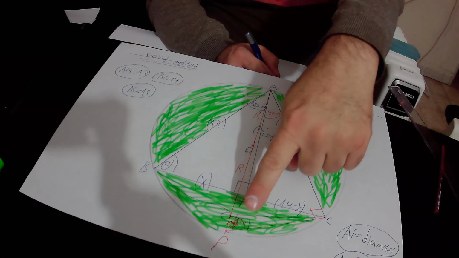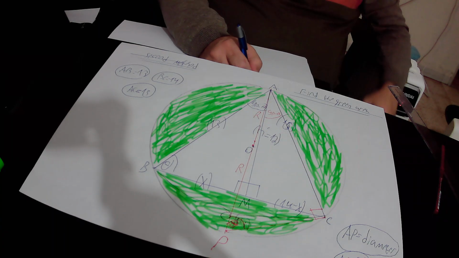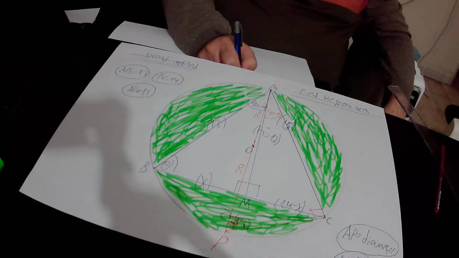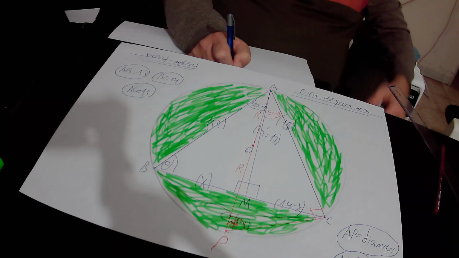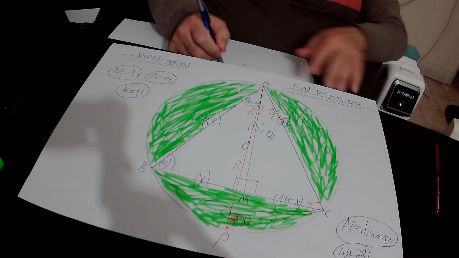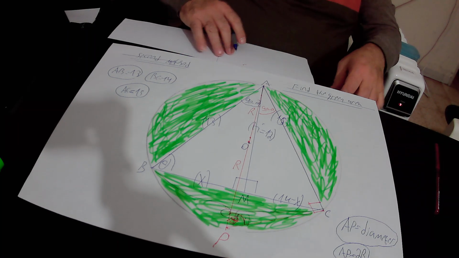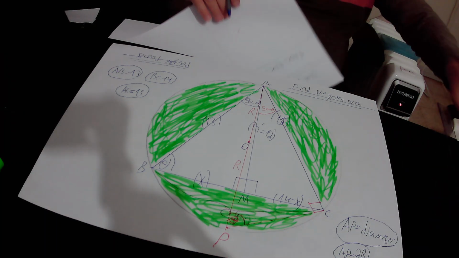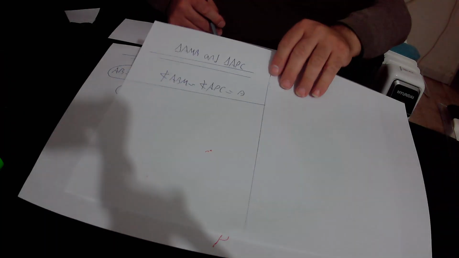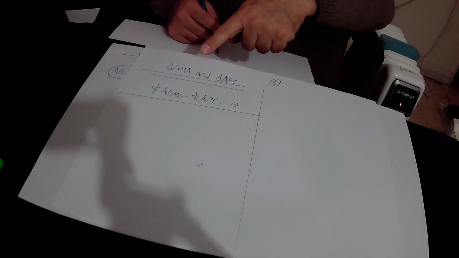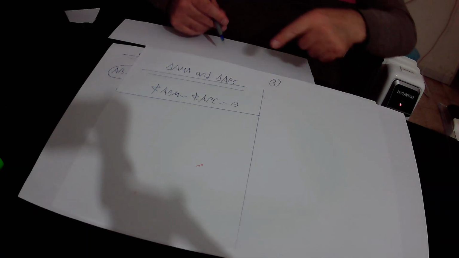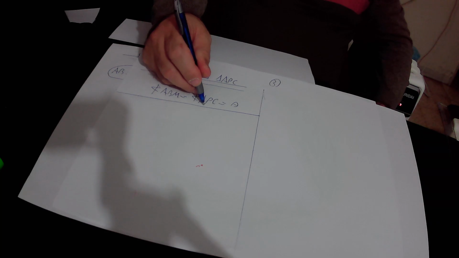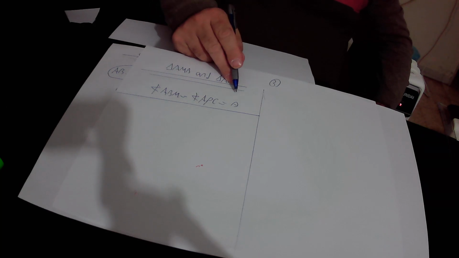This is actually angle APC. Repeat again. Angle ABM in triangle ABM equals angle APC in triangle ACP. They are both equal to theta, therefore they are equal to each other.